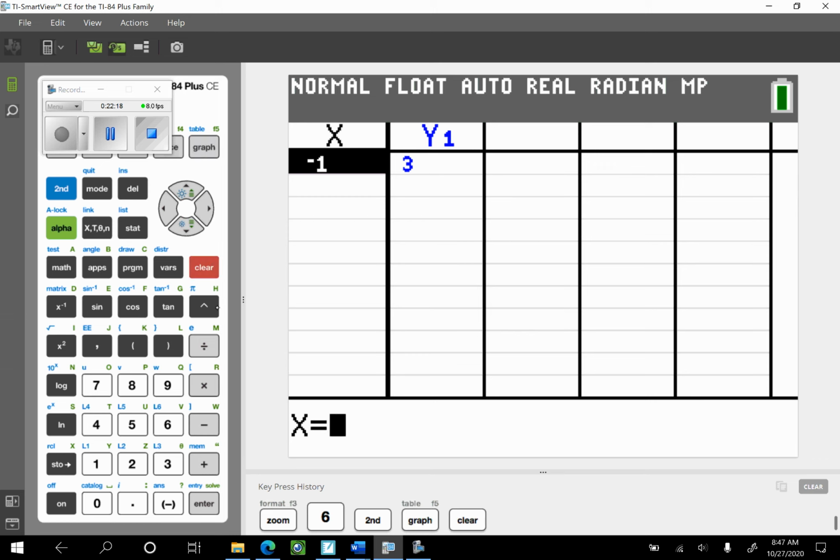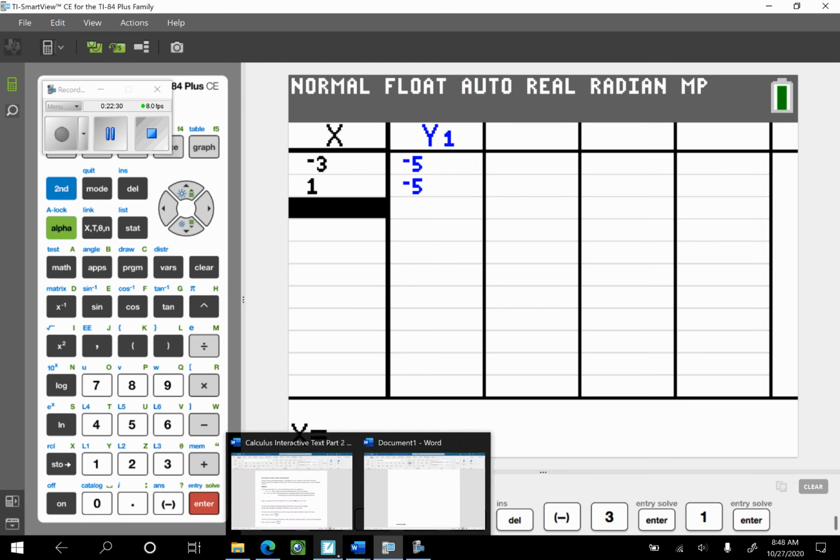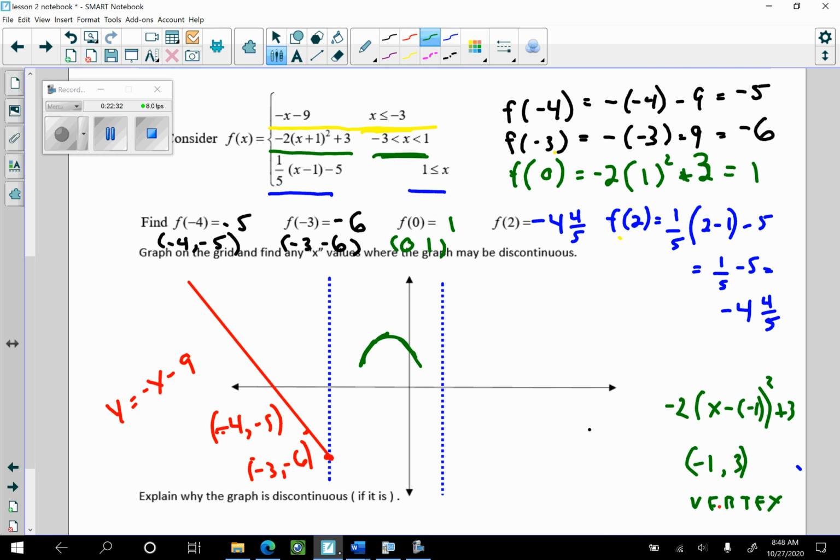We want negative 3 and we want 1. At negative 3, they both are negative 5. At 1 and negative 3. So let's go back to my graph. They both are negative 5 right here. And they're both going to be open circles.